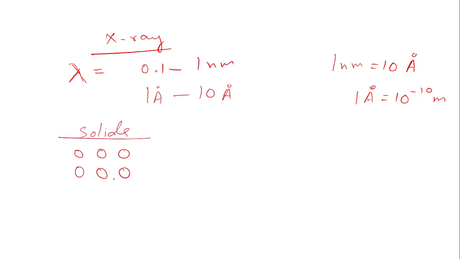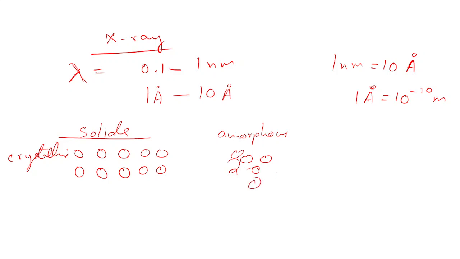But even in solids, we discussed that we have crystalline materials where the atoms are arranged in some kind of order, and then we have amorphous, where the atoms are randomly arranged. There is no order. In crystalline materials we have single crystal, where throughout the material the same pattern can be observed.